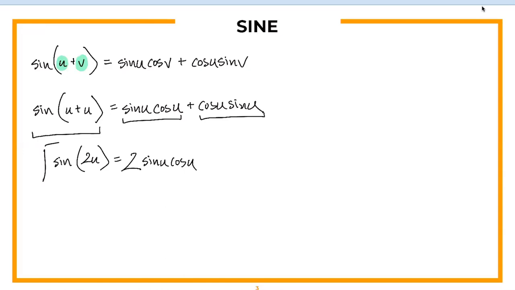So this is our double angle formula for sine, and it comes from the sum formula for sine, okay? So sine 2u equals 2 sine u cosine u. This is something that you definitely see in Calc 2, for sure, and then maybe in Calc 1, depending on your professor.